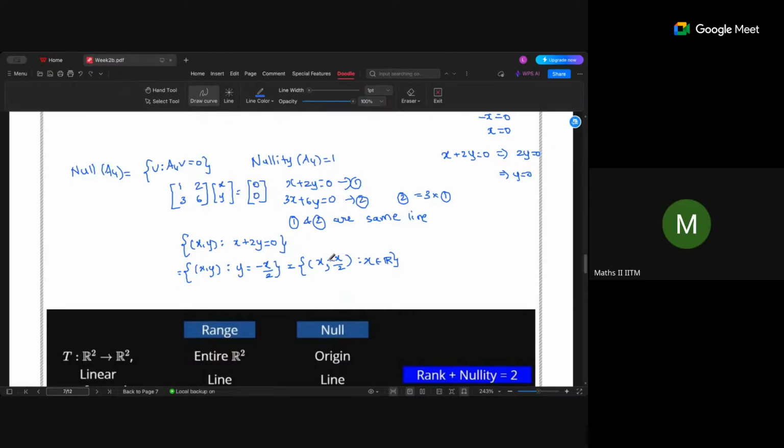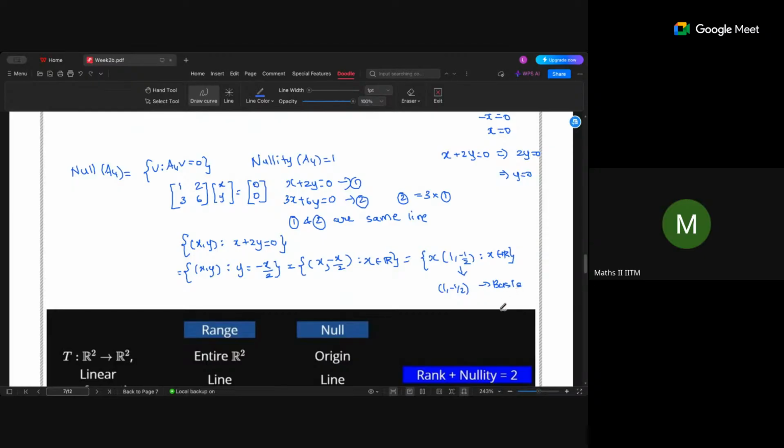How do you find a basis vector? The simple technique is that you take this x commonly, and then you have (1, minus 1 by 2), x in R, and this gives one basis. So (1, minus 1 by 2) is a basis. This is a technique to find a basis.